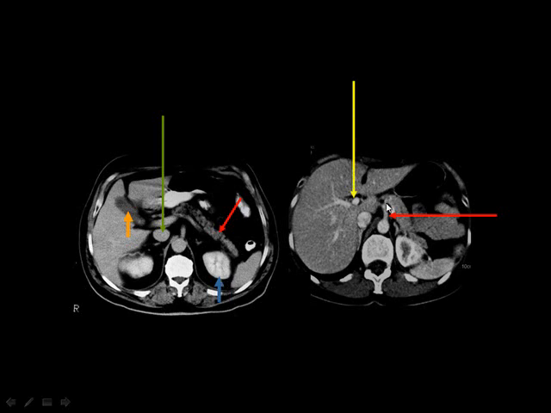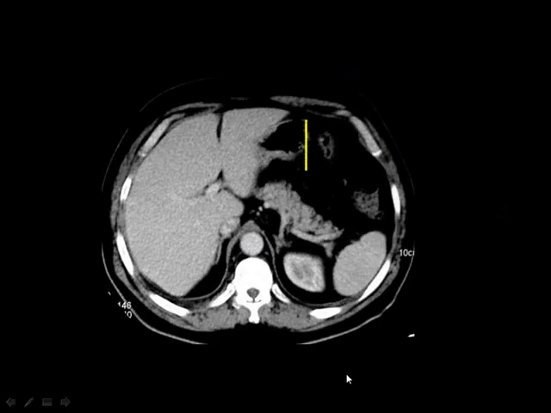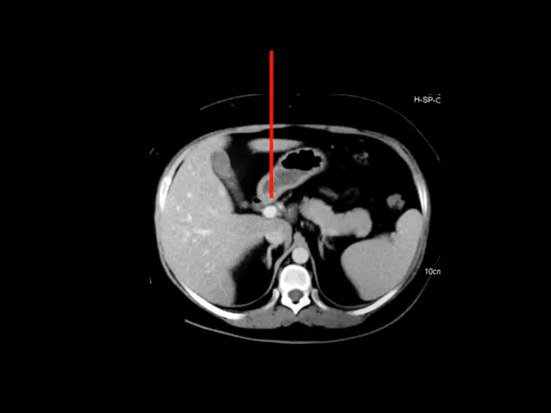Okay, and this is the portal vein. Yes, this is the portal vein in the porta hepatis. Okay, then the splenic vein, left kidney, portal vein, gallbladder.